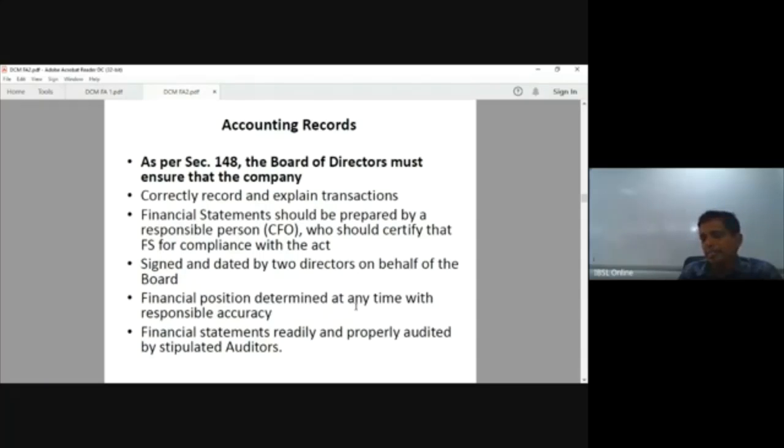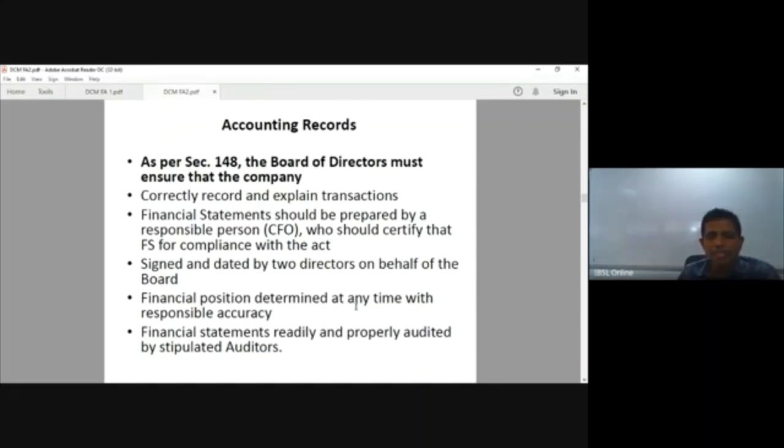Go to the financial statements of your bank and check the statement of financial position. Make sure your CFO has signed. That is a requirement under the Companies Act, section 148.